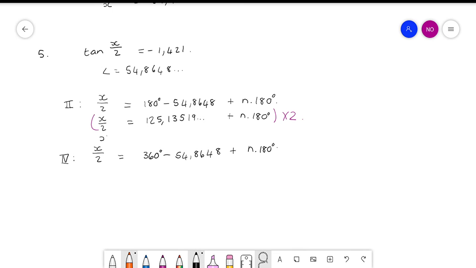And then here I have x is equal to 250,27 plus n times 360. Good. And somewhere write your n as an element of z.